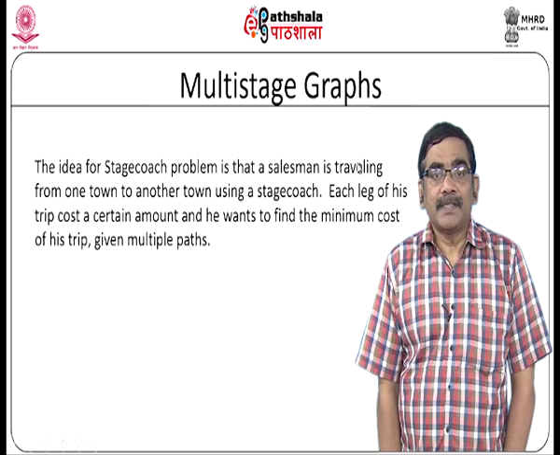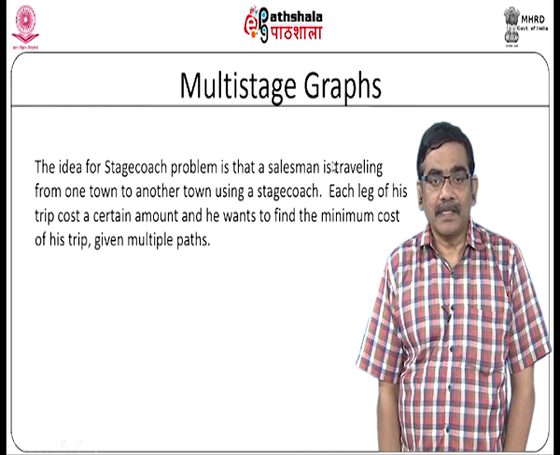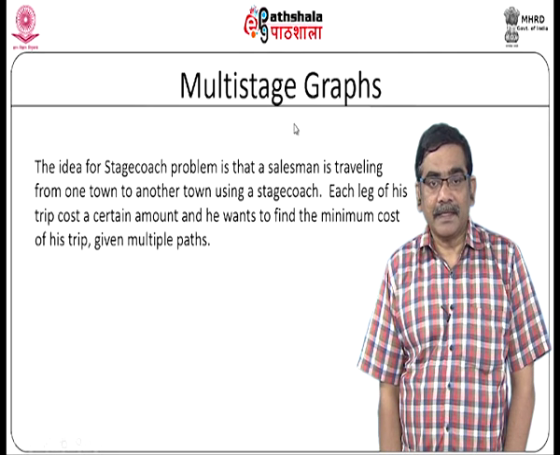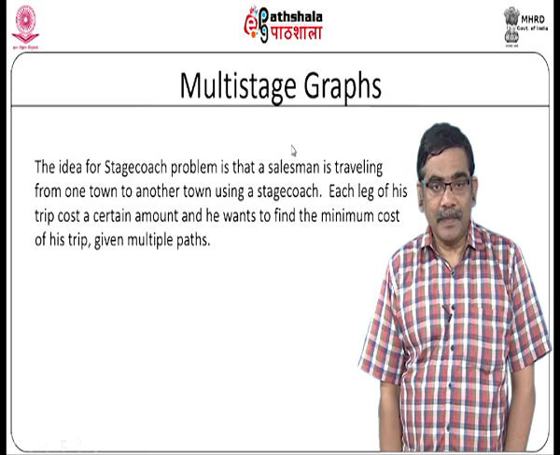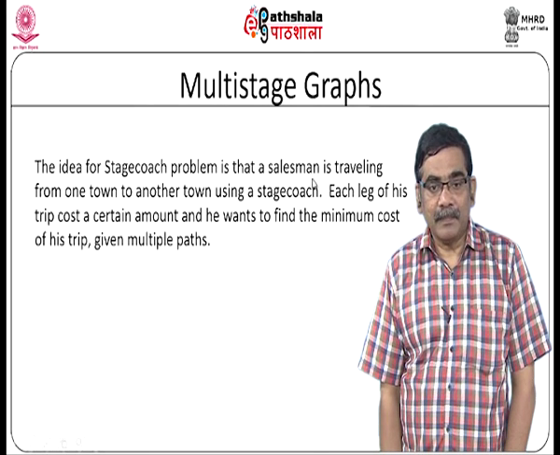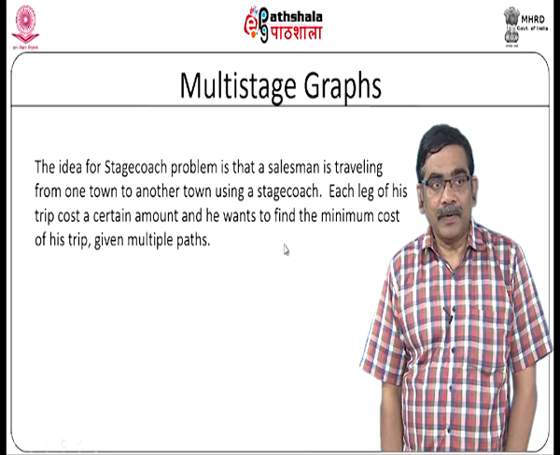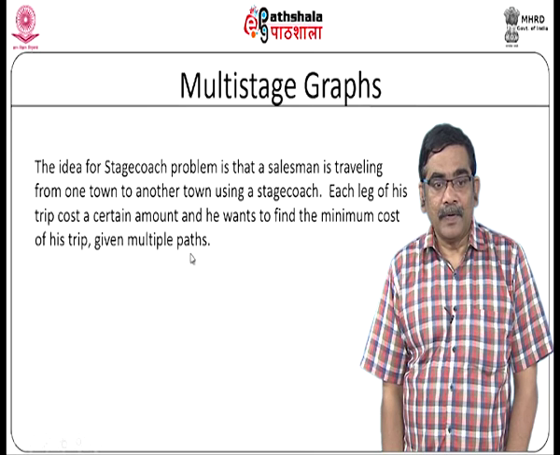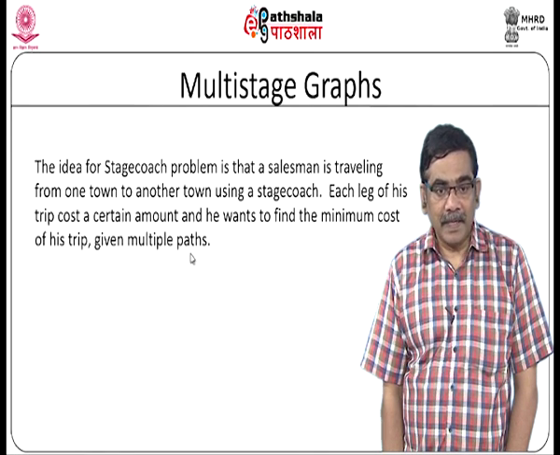So, the aim is to find the shortest path from source to destination using the intermediate cities. The logic is that we have to take multiple decisions at various stages, and ultimately we want to find the minimum cost of the trip, especially in the case of multiple paths.